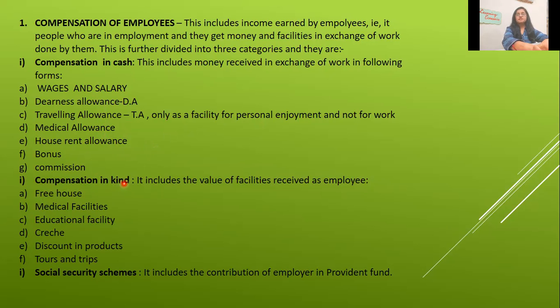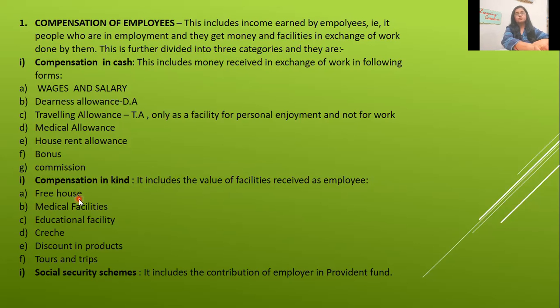The second one is compensation in kind, where we do not get cash, but we get facilities. Now these facilities can also be valued, meaning what value of facility we are getting. As you know, different people get different types of facilities, like they can get a free house to live in.